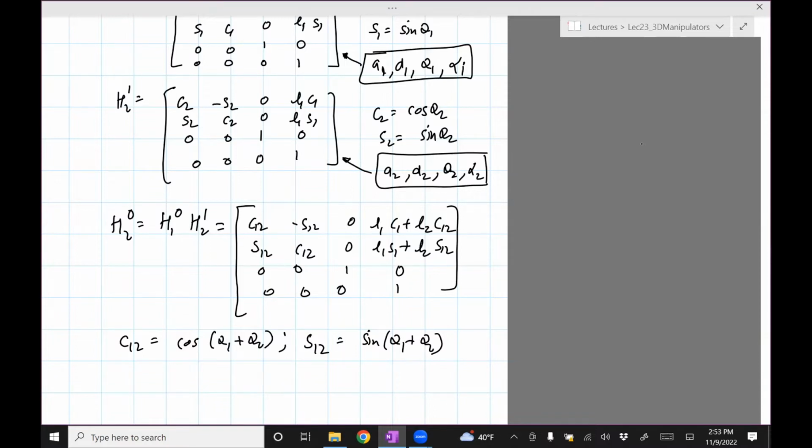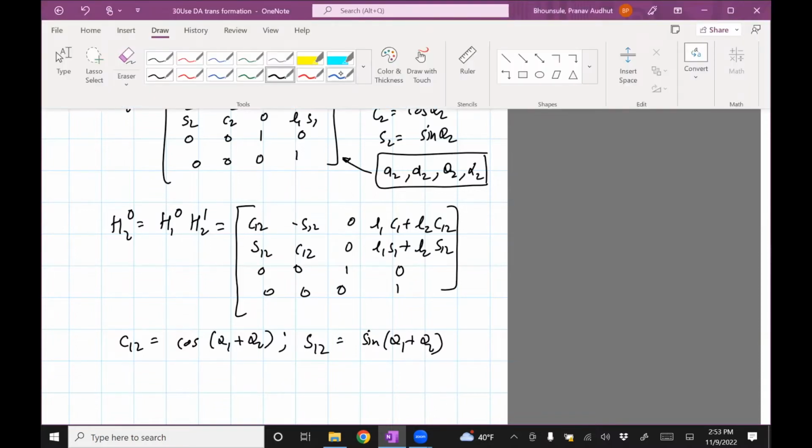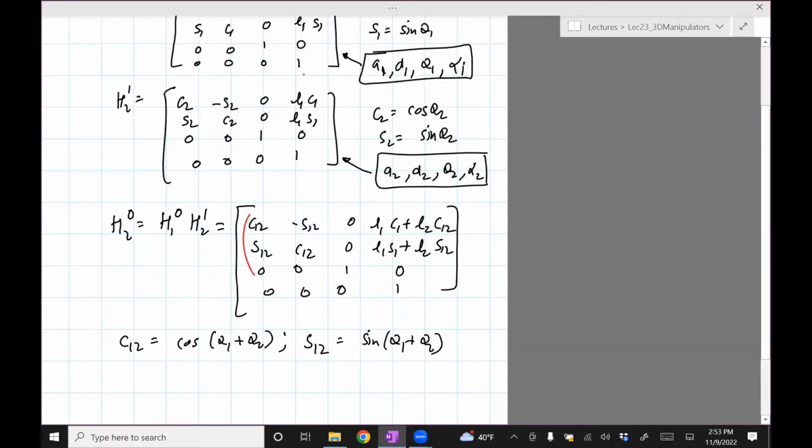As I said, our goal here is to compute the end effector position and orientation. This is the orientation of the end effector. It's a matrix, but you can see that it's theta 1 plus theta 2.